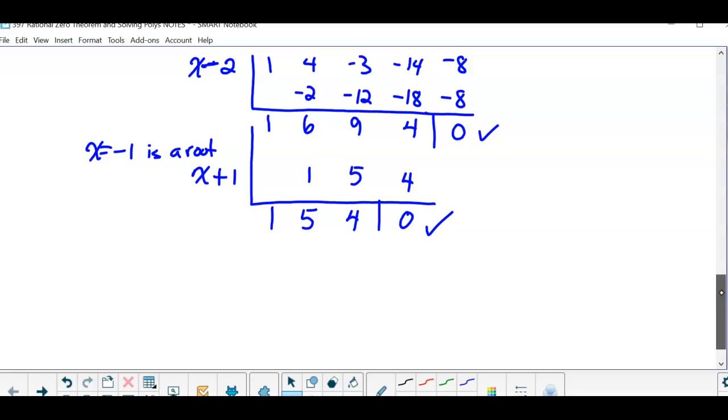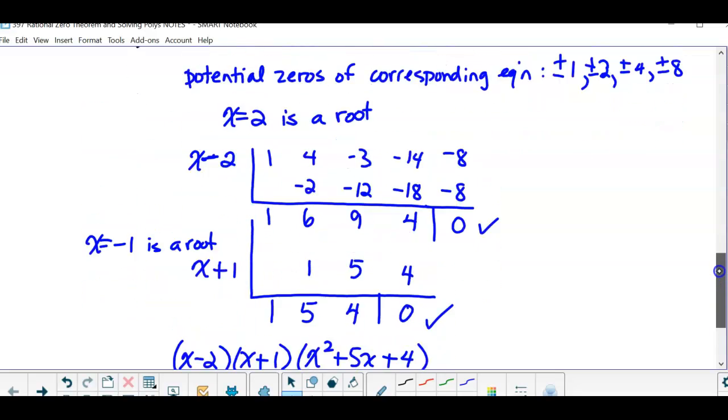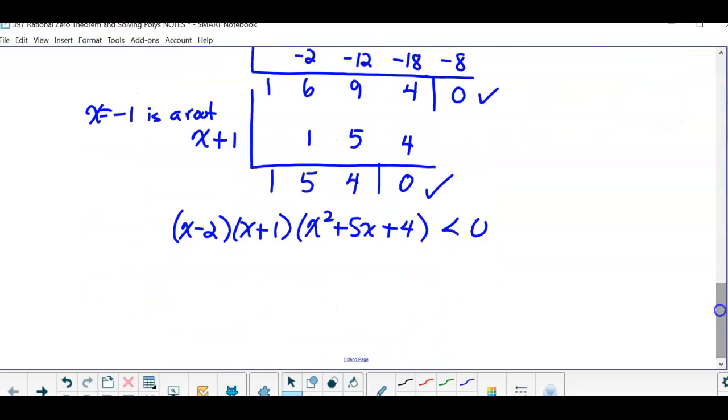Okay. So then, so far, we have x minus 2 times x plus 1 times x squared plus 5x plus 4. Then what was it? Less than 0, I think? Yeah. Okay? Whatever, if it's an equation, you need equal 0. If it's an inequality, you need less than or greater than, whatever it is, 0.